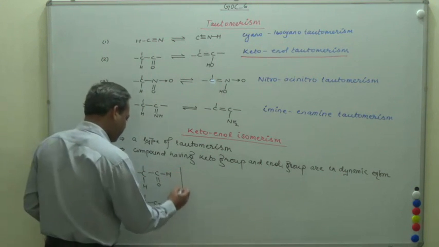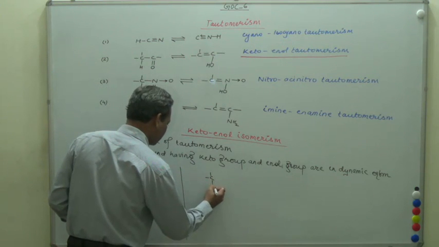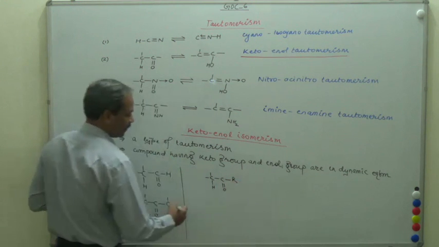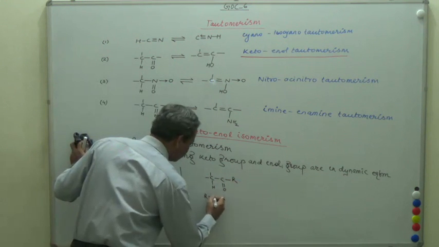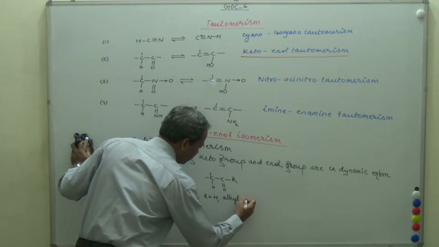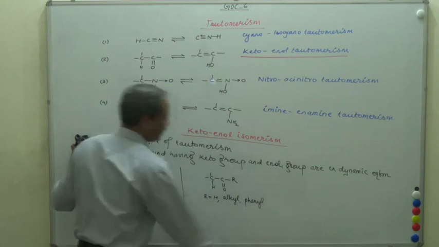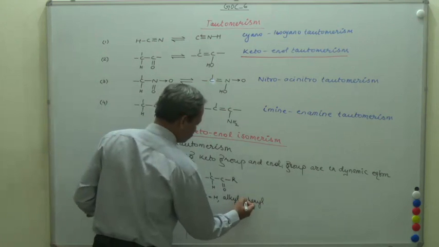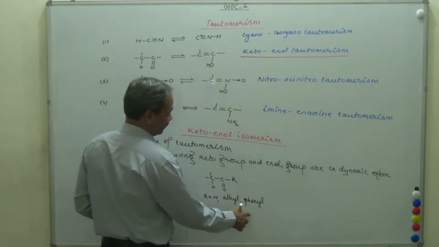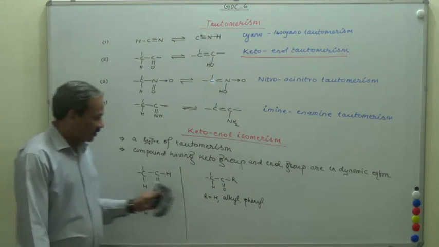Or in other words, we can say any compound having this type of structural formula where R is either hydrogen, any alkyl group or phenyl group, are called as compound having keto group.